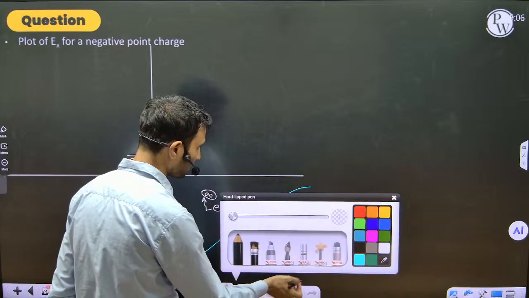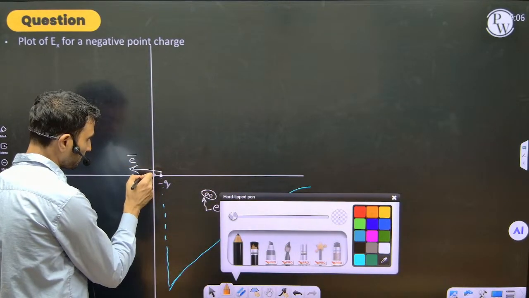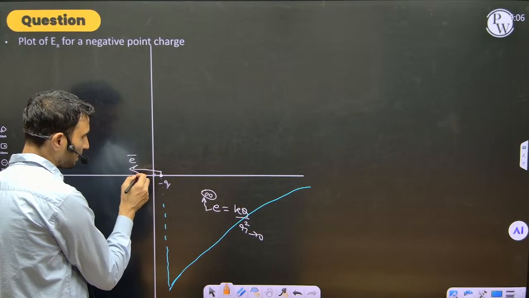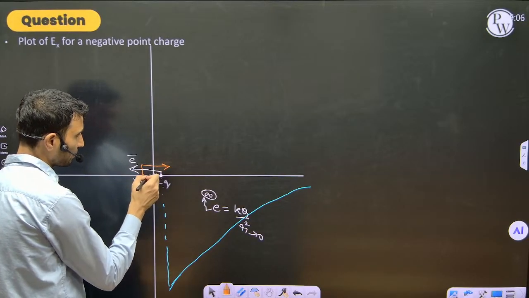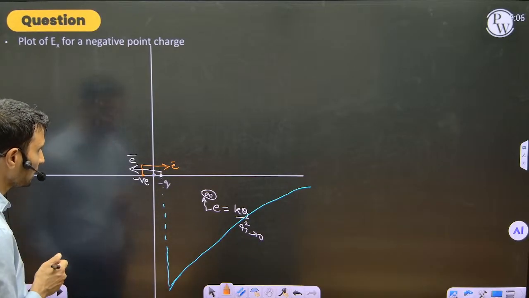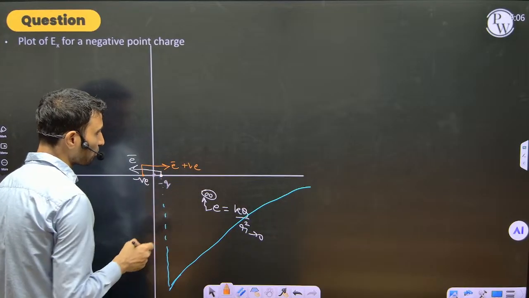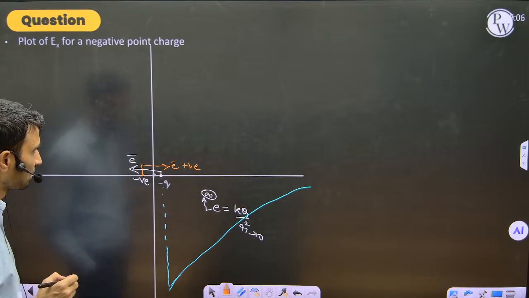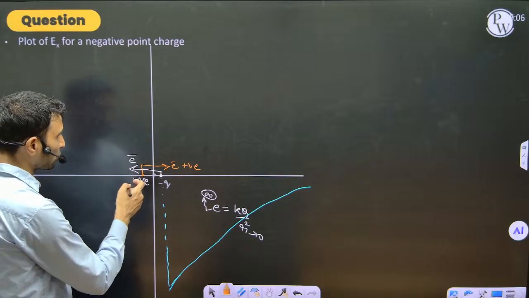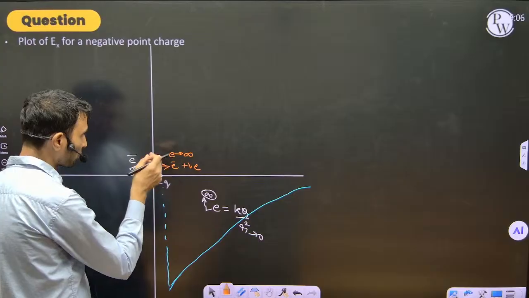Similarly, if you talk about this point here, electric field will be towards it, in this direction, right? And it will have positive or negative component? It will have positive component, right? And again, it is very close, so electric field will go to infinity, but infinite and positive, right?